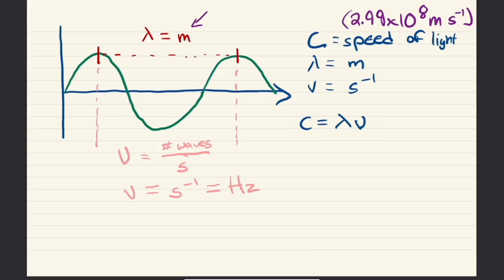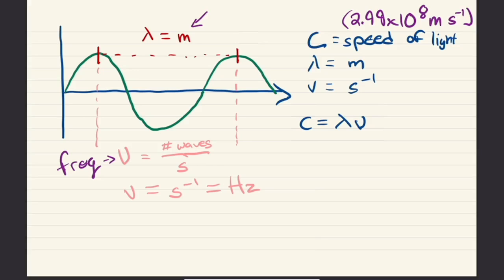Also, how many waves pass through a wavelength in the unit of time, which we denote as seconds, is what we call the frequency. And the frequency is denoted by lowercase nu, Greek symbol, and it is a number of waves per second.